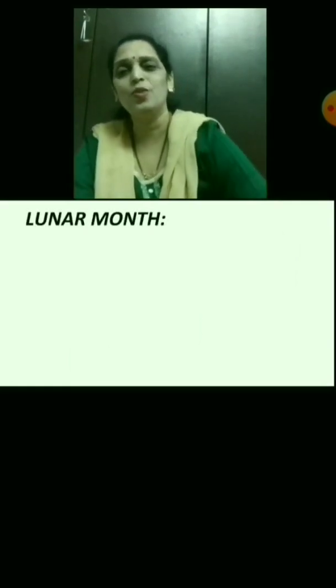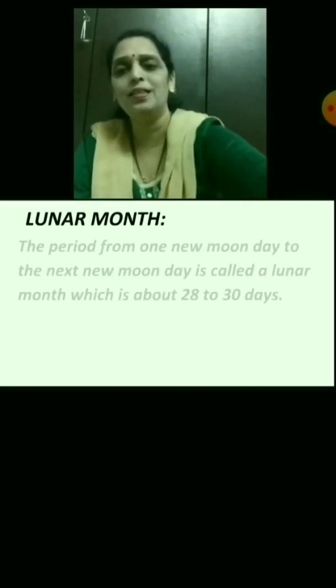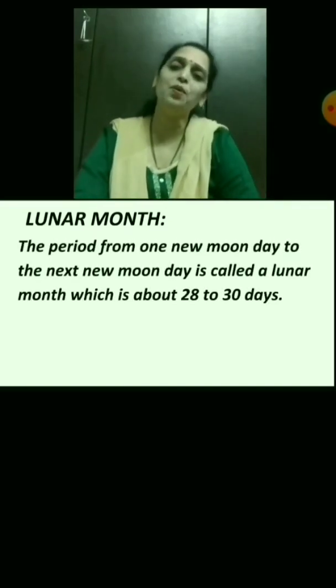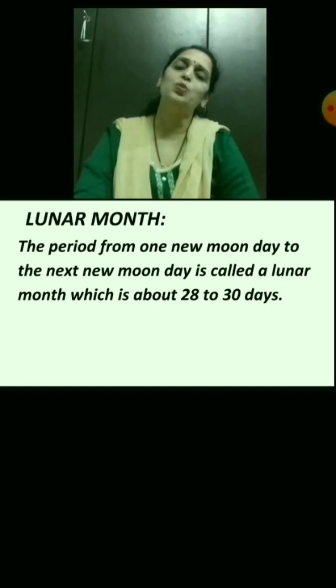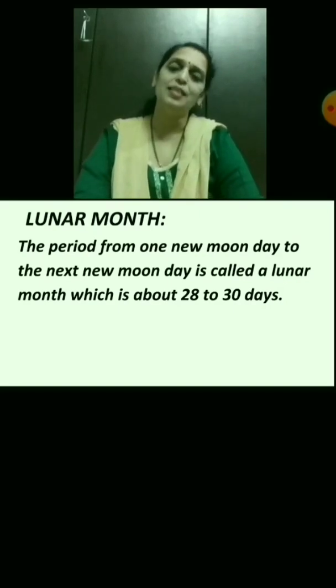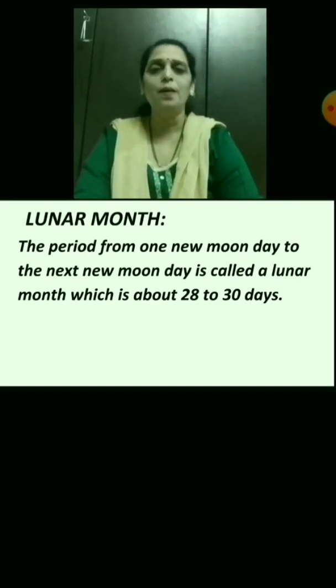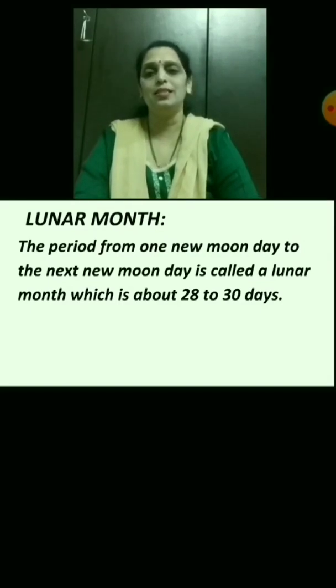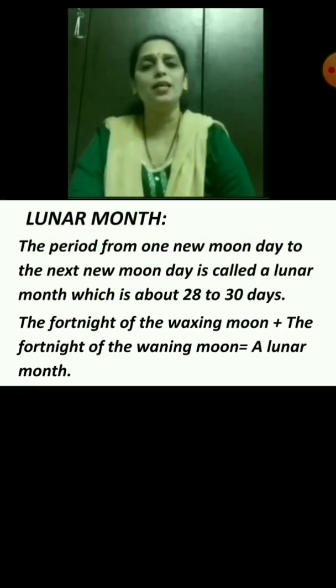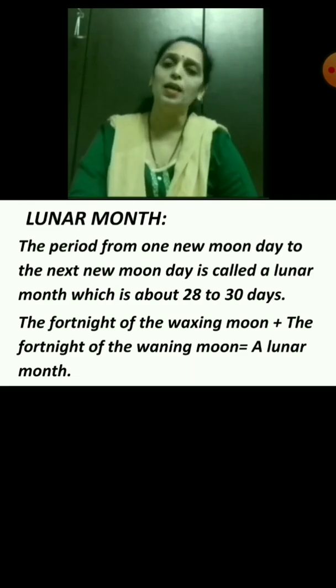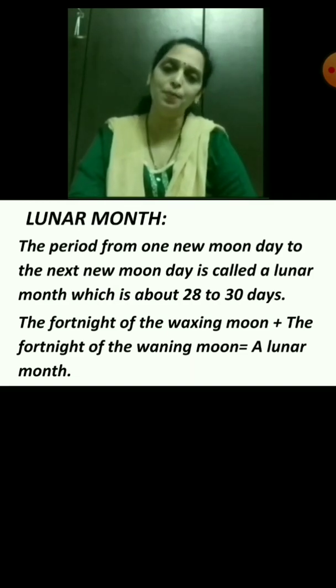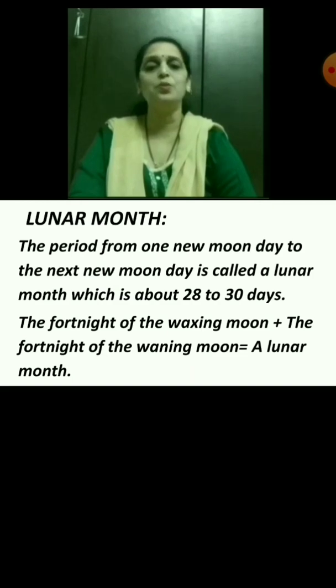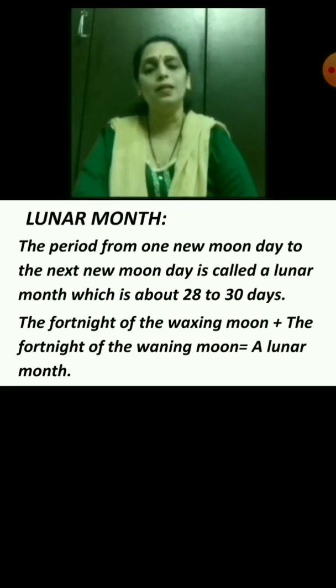Now the next is, what is a lunar month? The period from one new moon day to the next new moon day is called a lunar month, which is about 28 to 30 days. The fortnight of the waxing moon and the fortnight of the waning moon is equal to a lunar month.